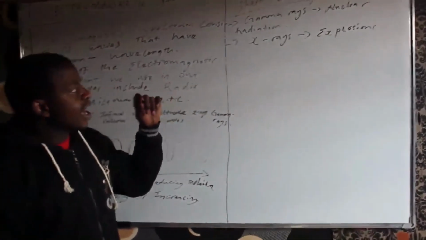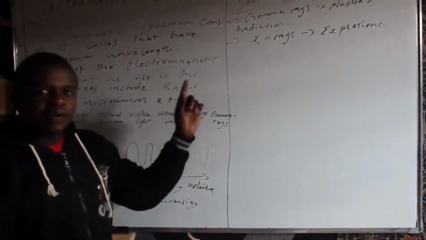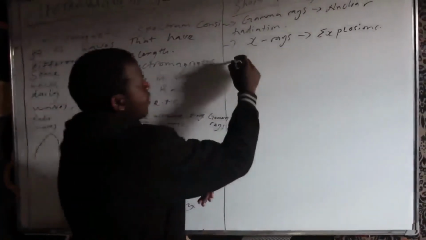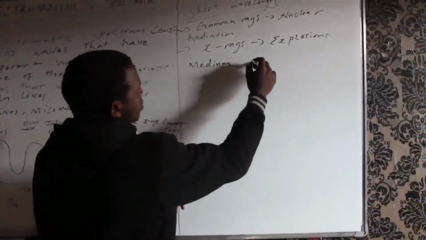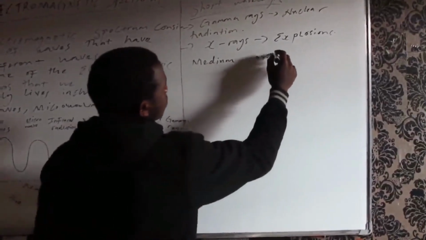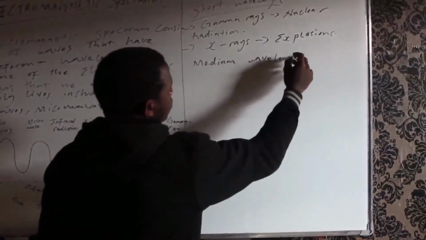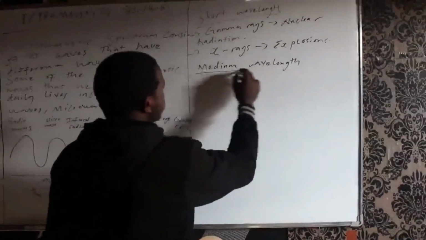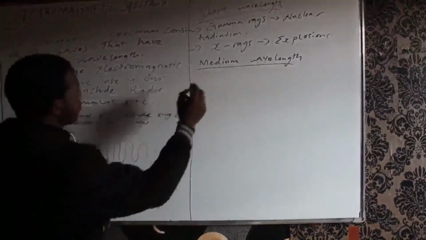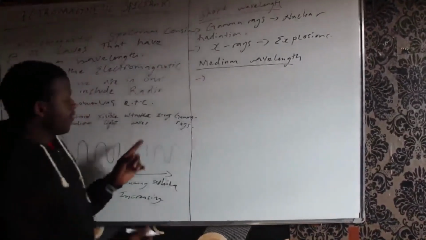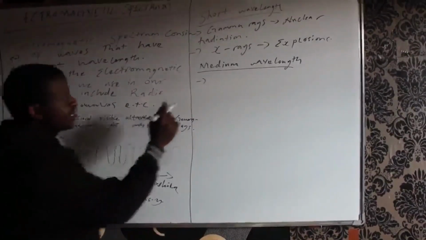Then the electromagnetic waves that have a medium wavelength: we have the ultraviolet.